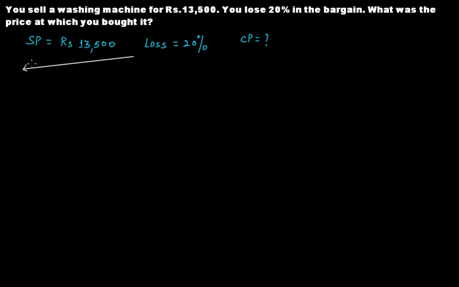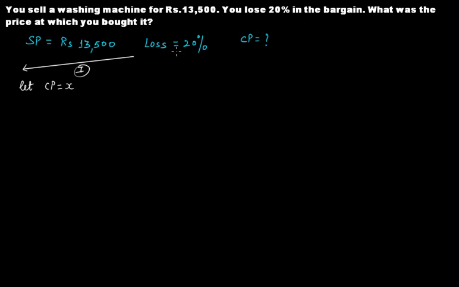So the first way, here we assume that the cost price is X, let the cost price be X. Now we know that profit and loss both are actually on the cost price. So in this case, you don't know the exact amount you have lost in the process of bargaining.